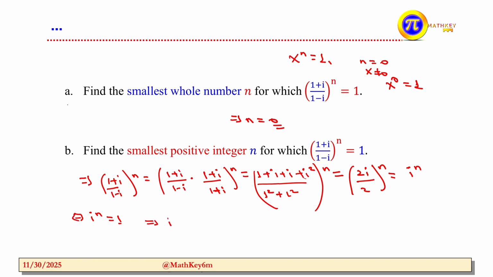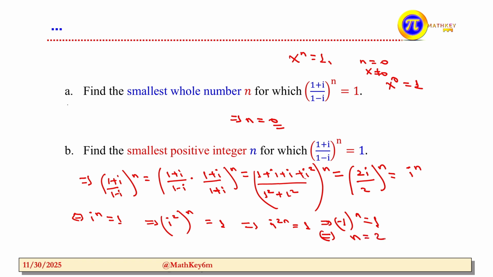You are familiar that i squared is negative 1, which means i to the power of 2n equals 1. That means i squared is negative 1 to the power of n. So this implies negative 1 to the power of n equals 1 if and only if n equals what?